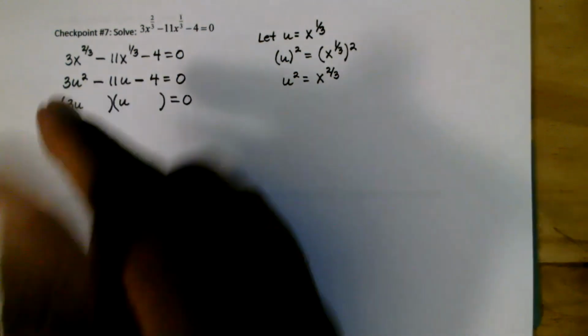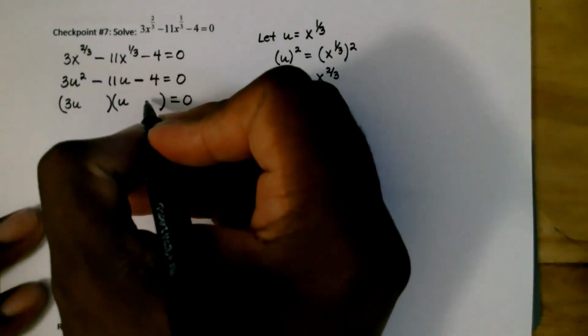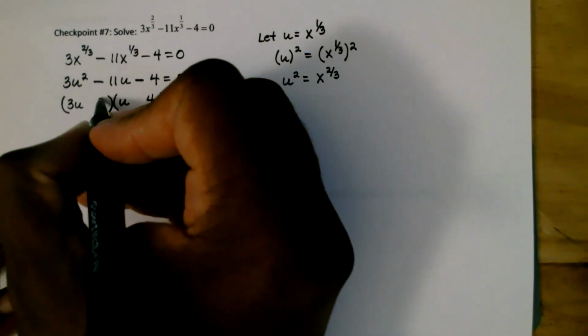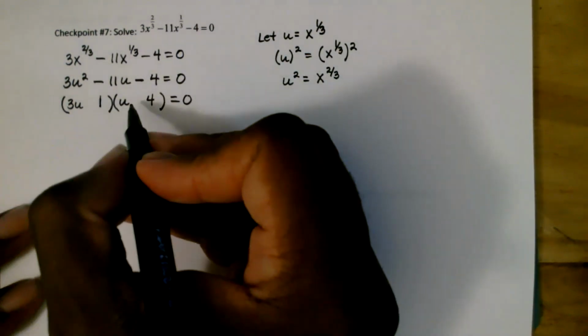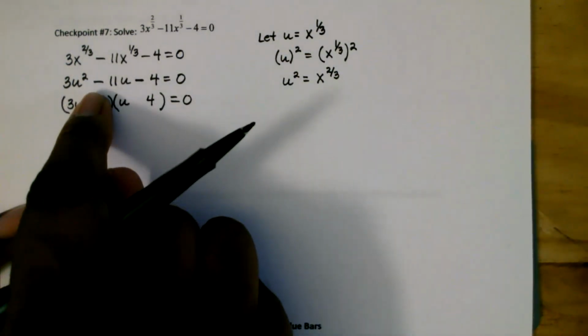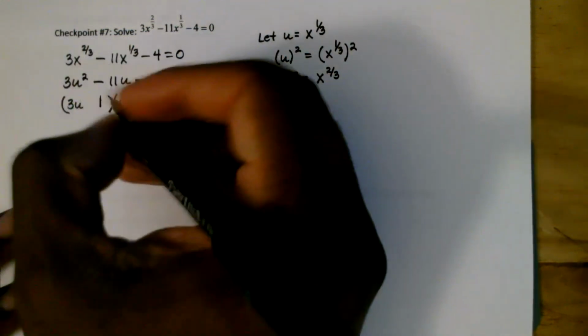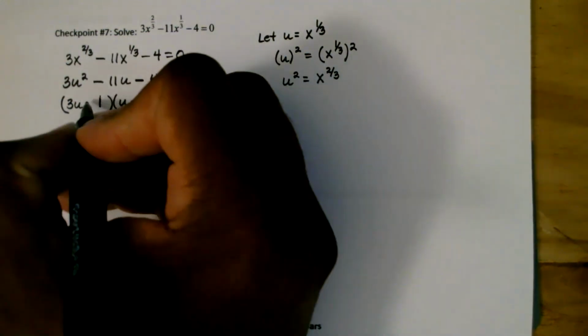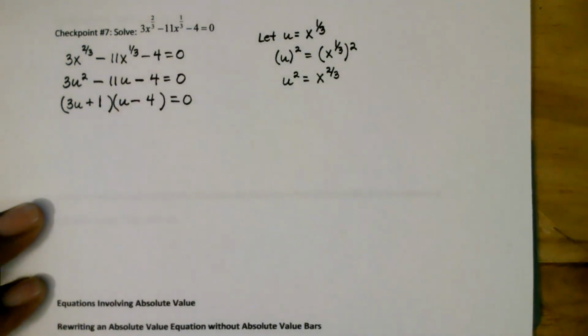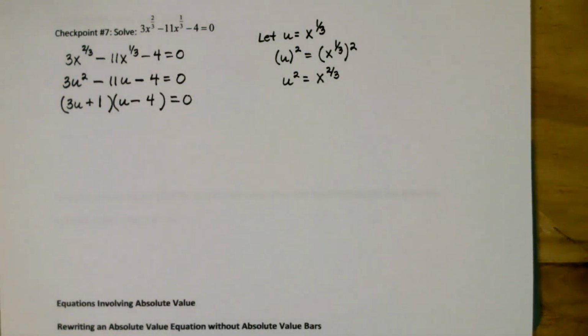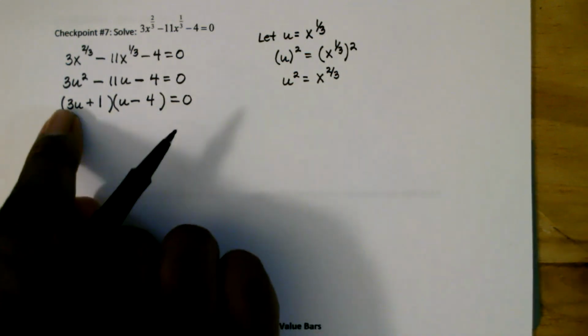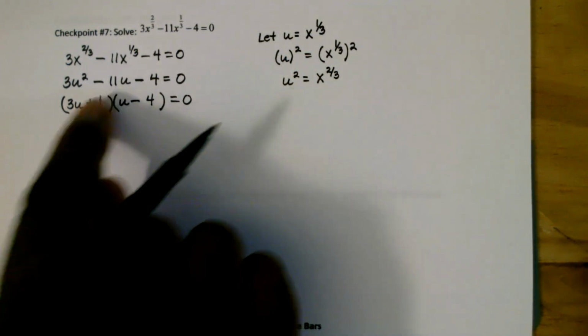That would work, because if I put the 4 here and the 1 here, and that middle term is a negative, so that means this 4 will have to be a minus, and the 1 has to be plus, because you have to put the plus sign and the minus sign and your constant terms in a way so that the outer and the inner will give you the middle term.